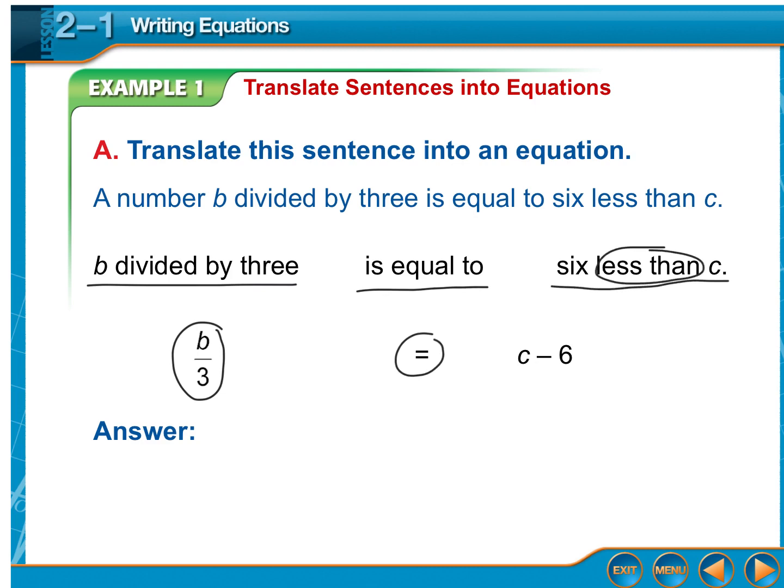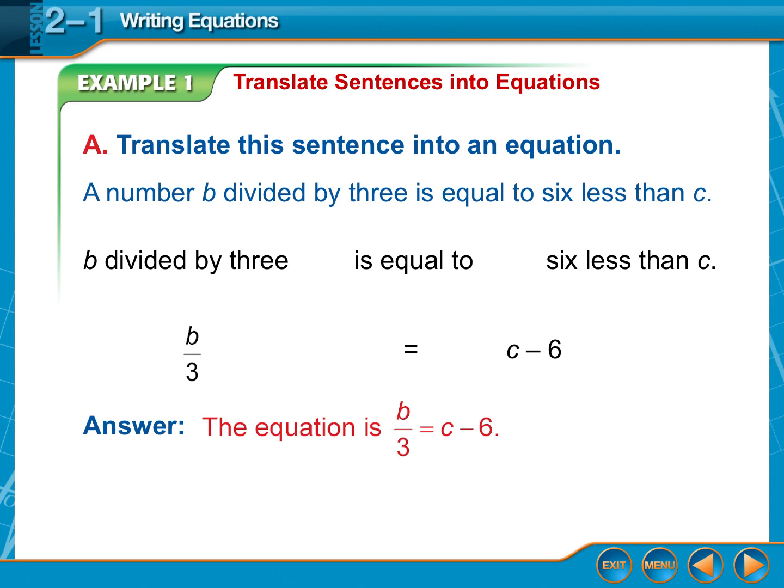What does less than mean? Minus, and it flips, so that's why it's c minus 6. So they ended up getting b divided by 3 equals c minus 6. So break the sentence apart, and then take each part separately, and then put it together in one.